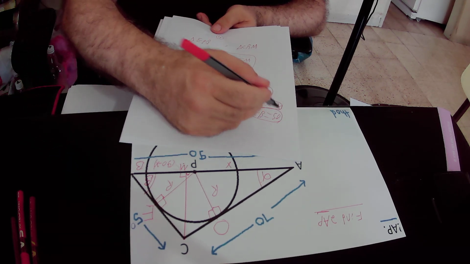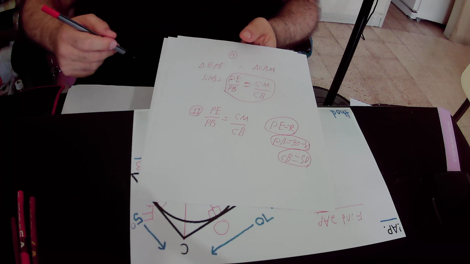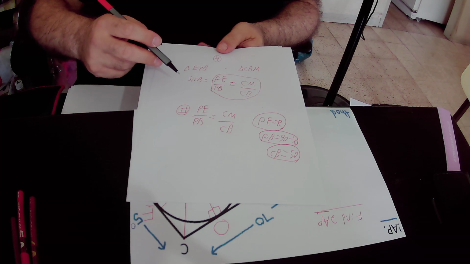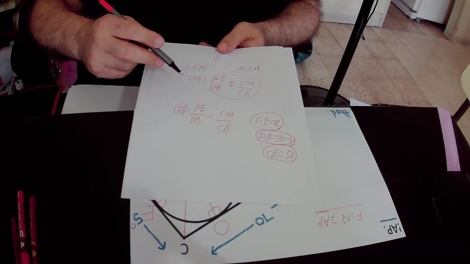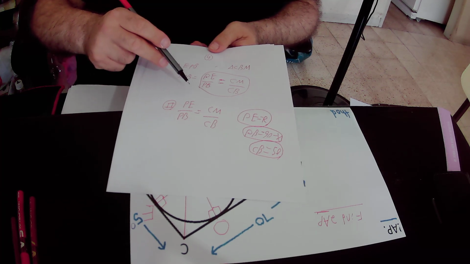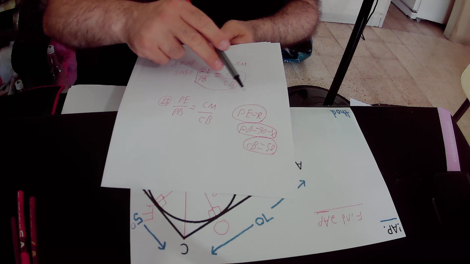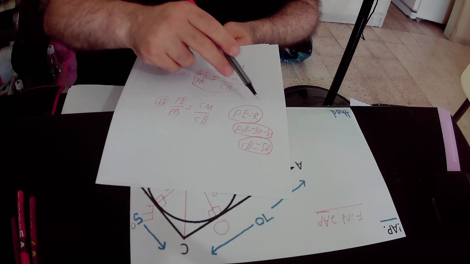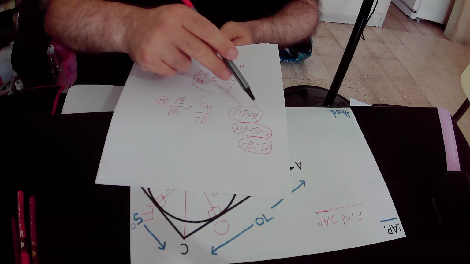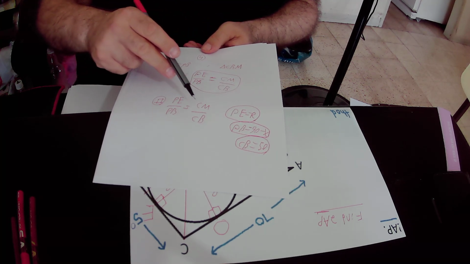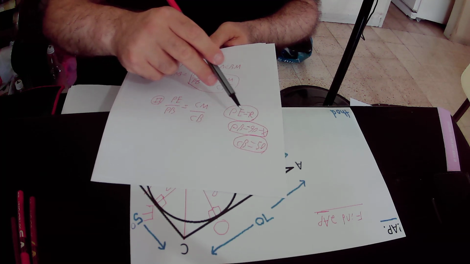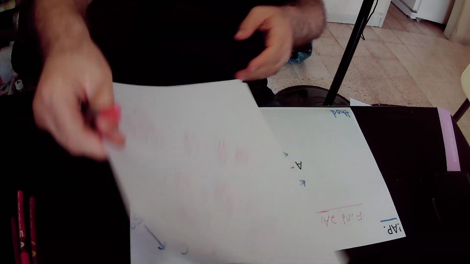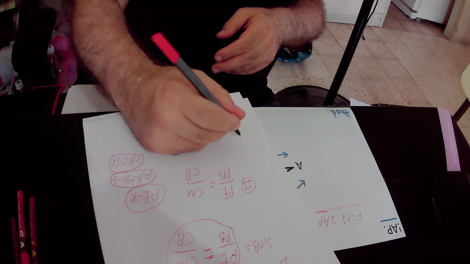Okay, so now we'll do in the same way that we did in sinus alpha. In the second equation, we will substitute PE by R, PB by 90 minus X, and CB by 50.